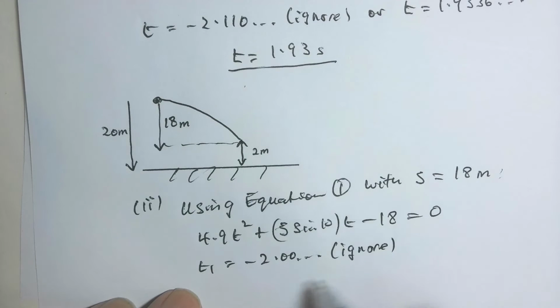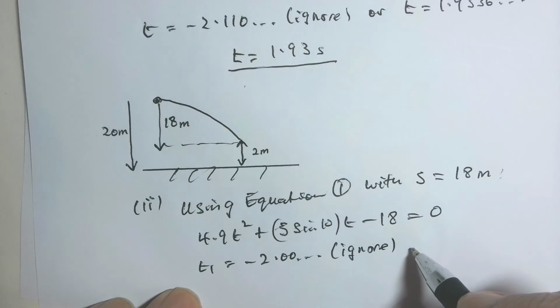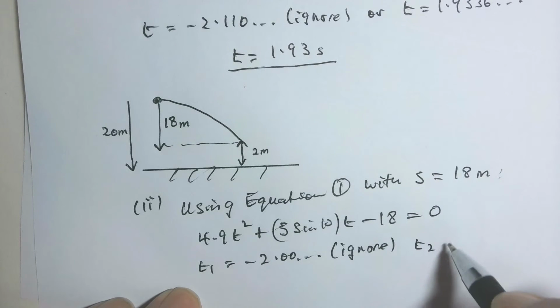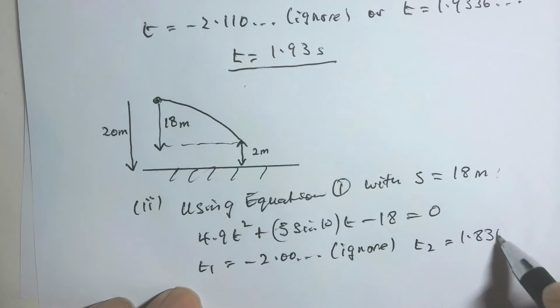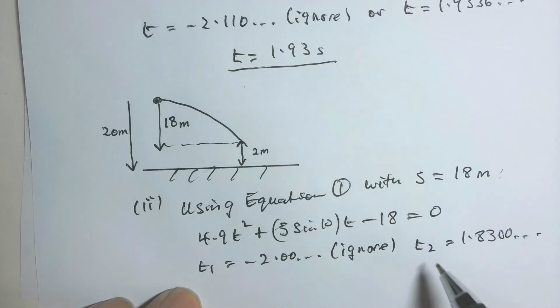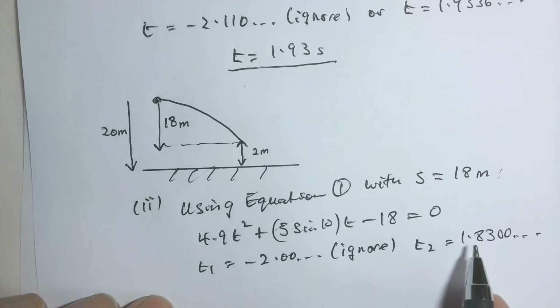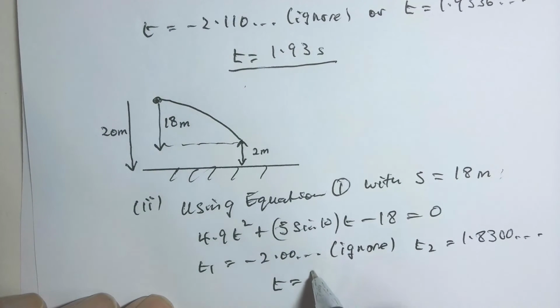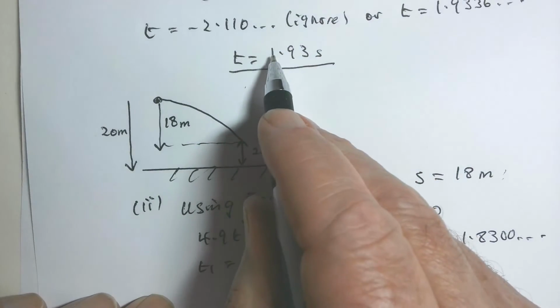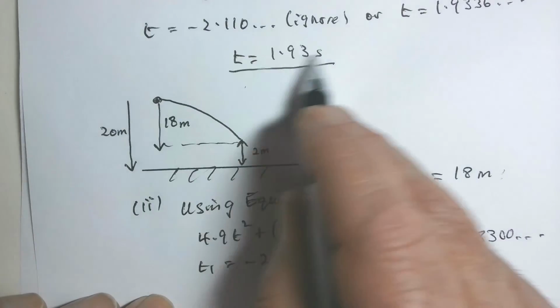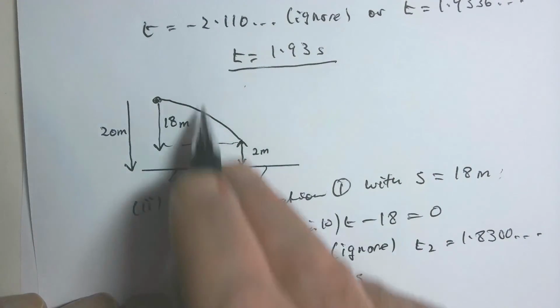And we also end up with another value, t2 equals 1.83, which is the positive answer, and that's the one we're looking for. So the answer to this is now t equals 1.83 seconds. This is obviously less than the previous one because it's not travelled as far.